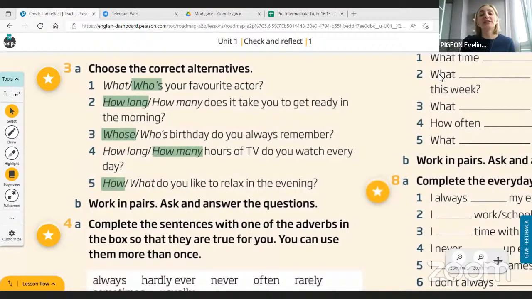How long does it take you to get ready in the morning? I need, if we speak about me, only me, about 20 minutes. Okay, what about you and your children together? I need 1.5 hours.